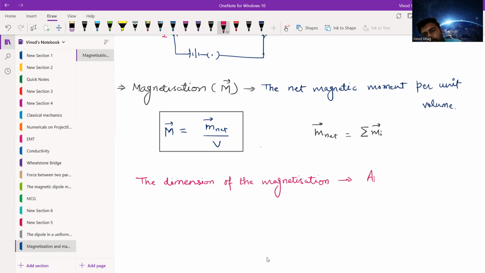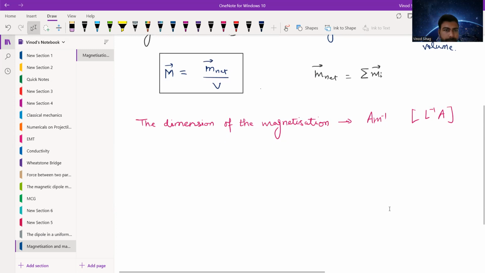It is ampere meter inverse, or in terms of L inverse A, where L inverse is meter inverse and A is the ampere. Its unit is ampere meter inverse, because the unit of magnetic moment is ampere meter square, and the dimension of volume is meter cube. So finally we get ampere meter inverse.